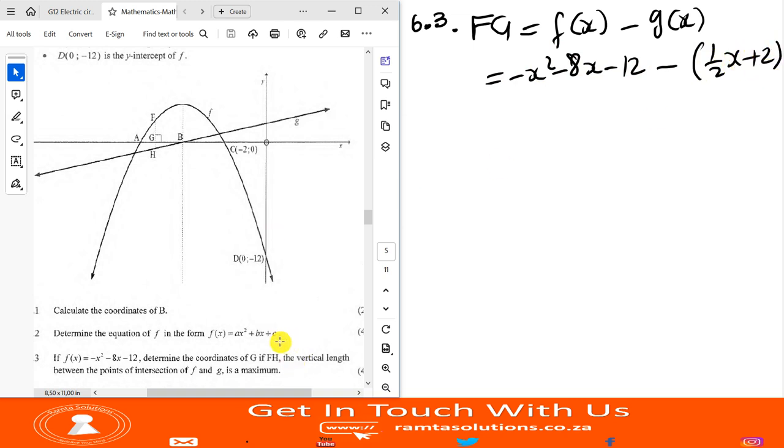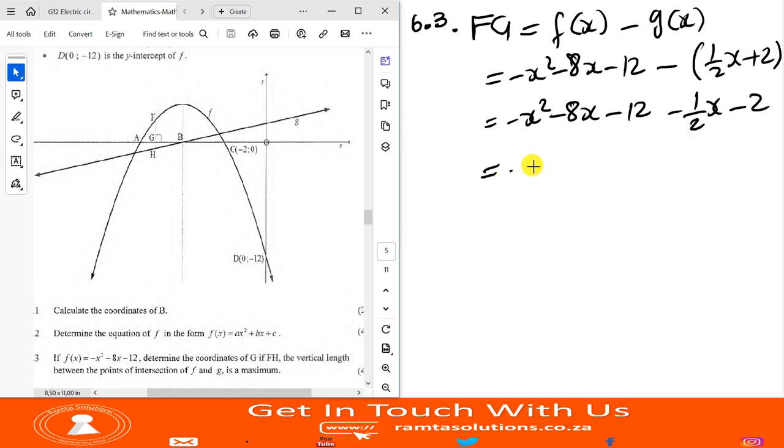Okay, so remember, guys, they say we must find this guy where FH is a maximum. So let's see. -x squared minus 8x minus 12 minus half x minus 2.